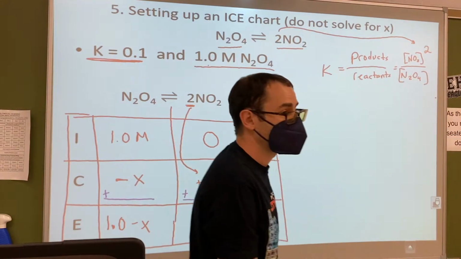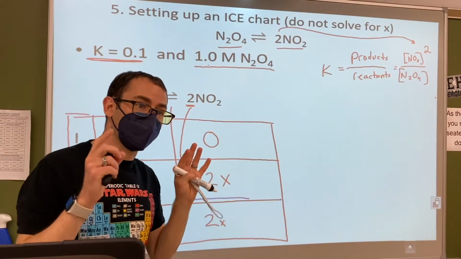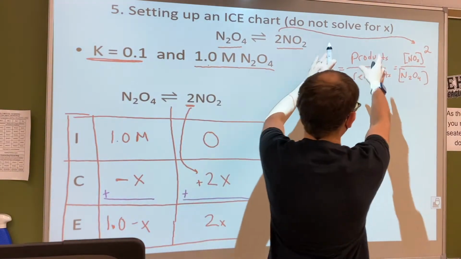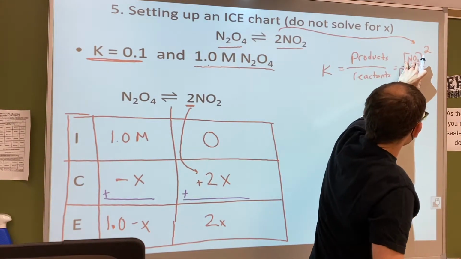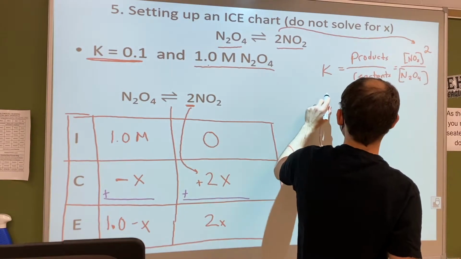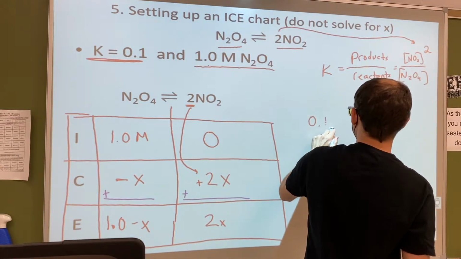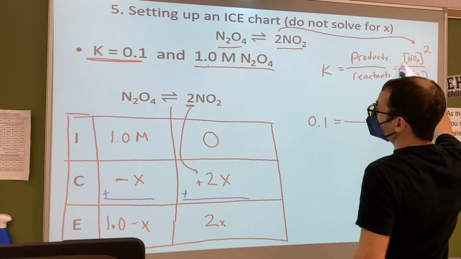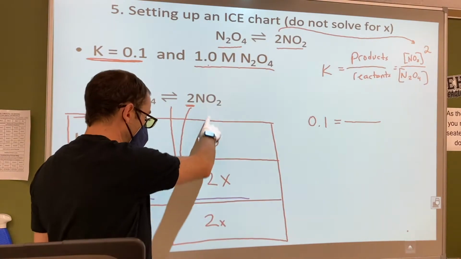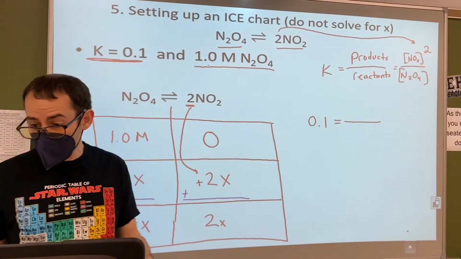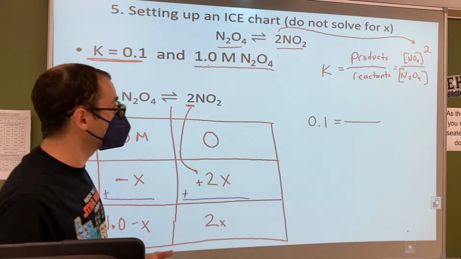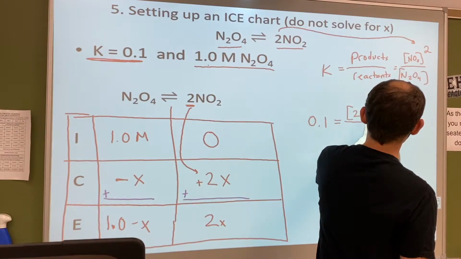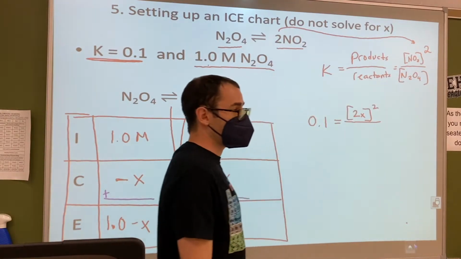Now we're going to plug in all of our variables and all of our numbers. So we set up the K equation. We now have it with the equation in there, but now we're going to substitute. So 0.1 equals, instead of saying NO2, we go to our ICE chart and we look at it and we say, oh, NO2 is actually 2x, the quantity squared.